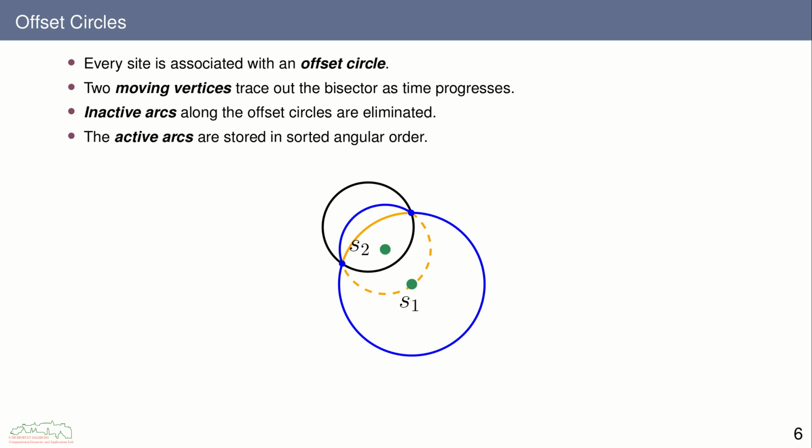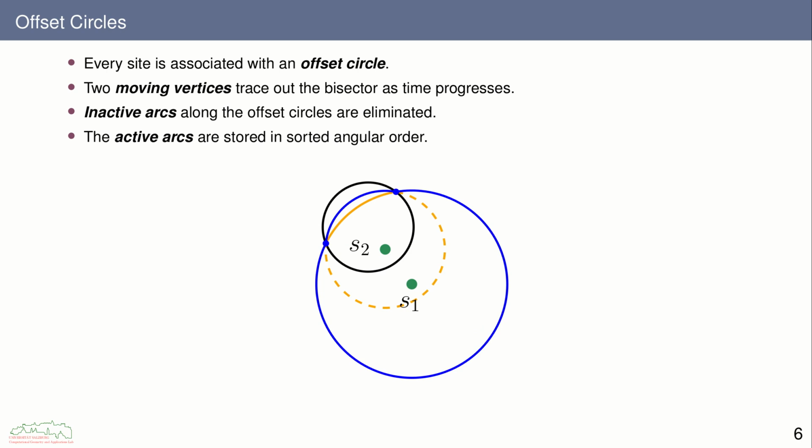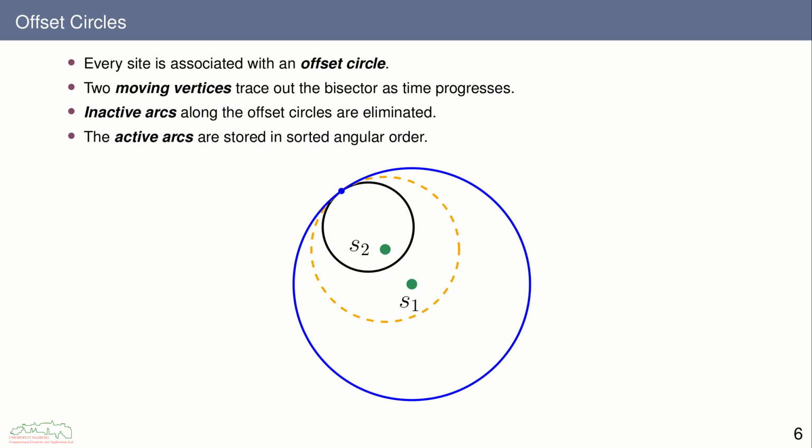Every offset circle stores its active arcs in sorted angular order around the corresponding site in a self-balancing binary search tree. The last moment in time when they touch, we say the offset circle of S1 dominates the offset circle of S2.